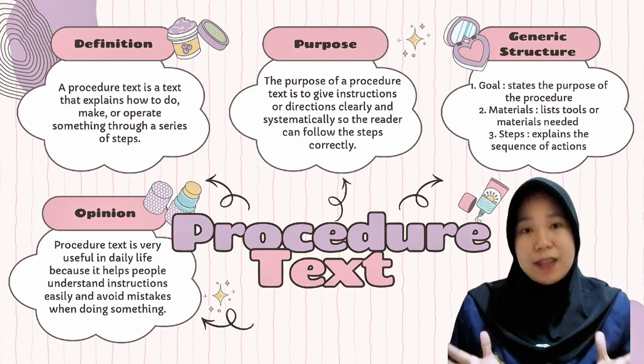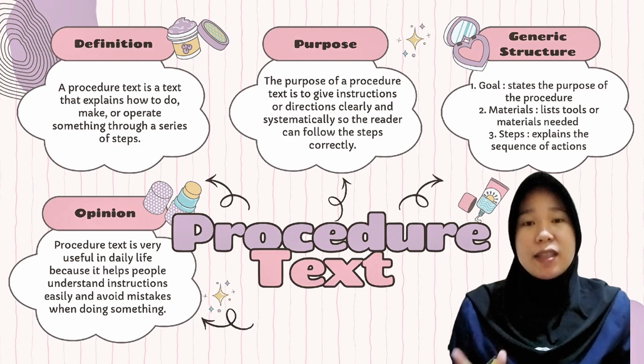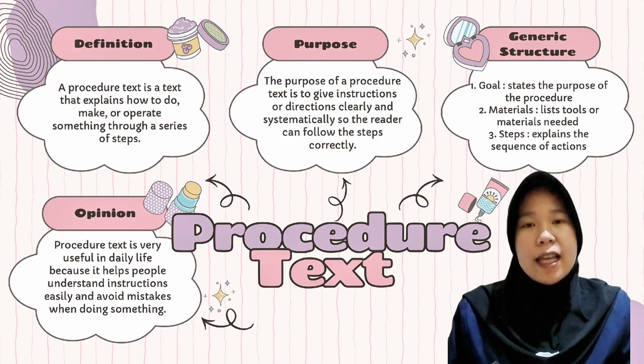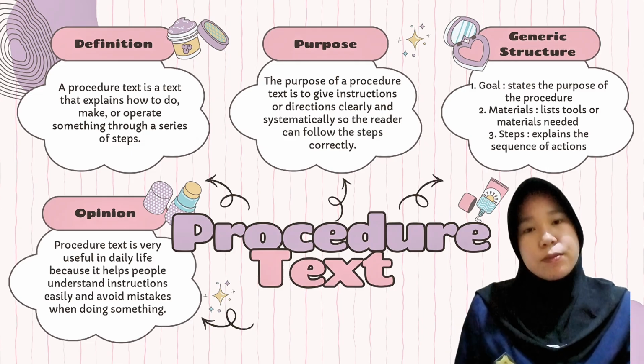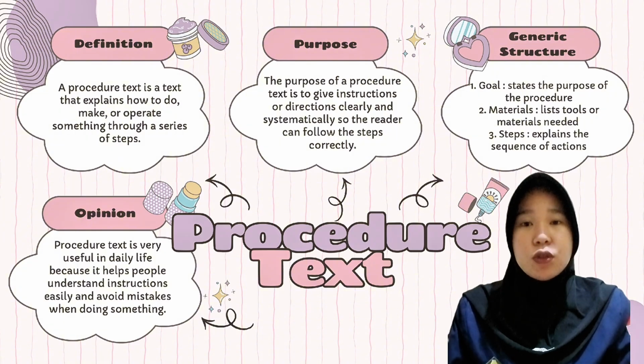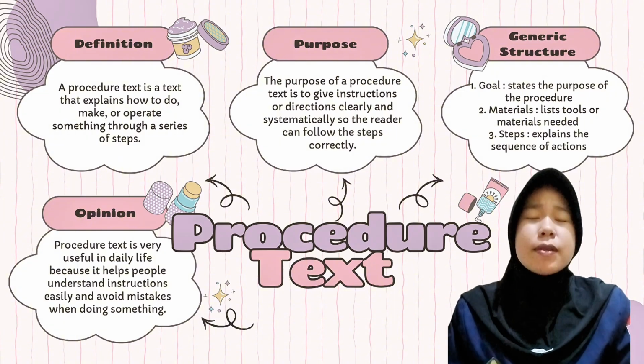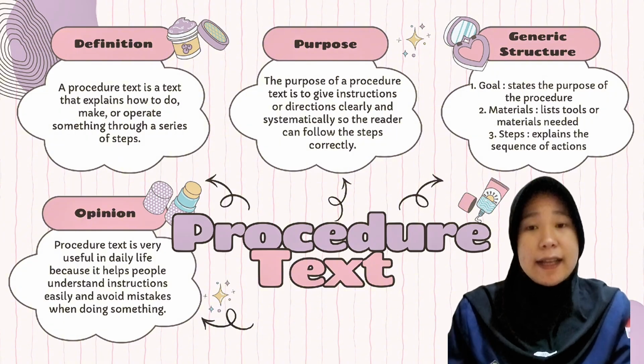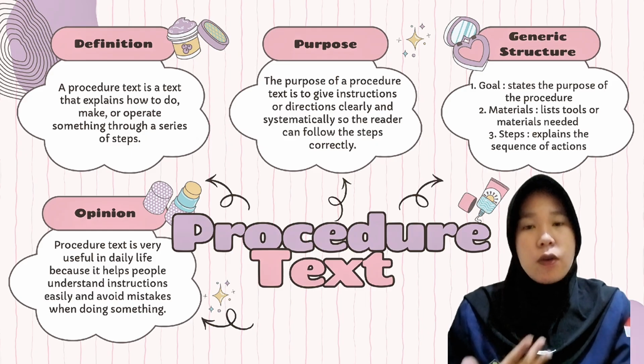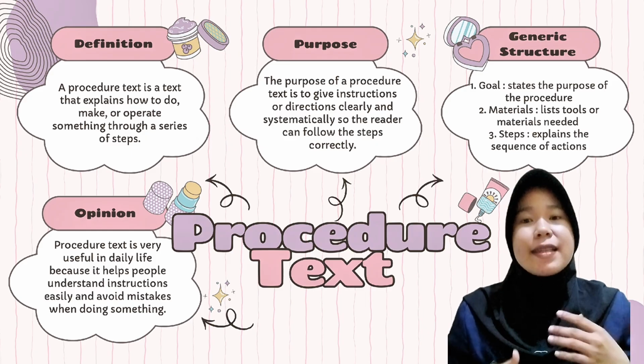What is procedure text? A procedure text is a text that explains how to do, how to make, or operate something through a series of steps. Basically, procedure texts help us understand the correct way to do something step by step.